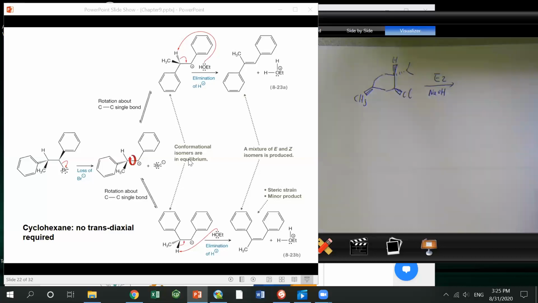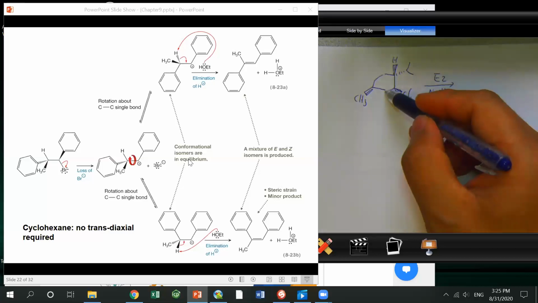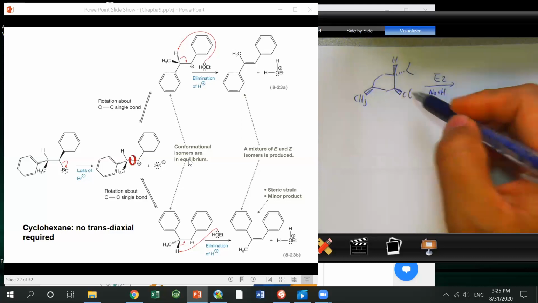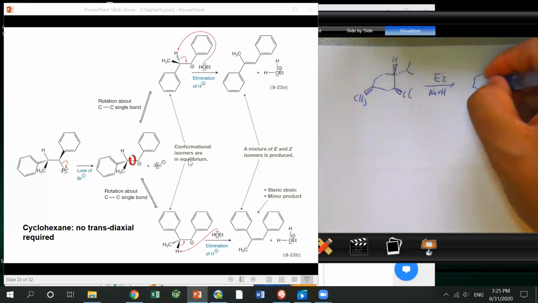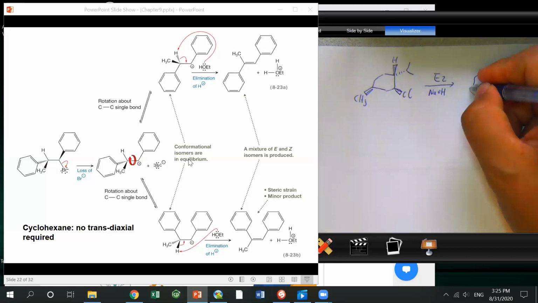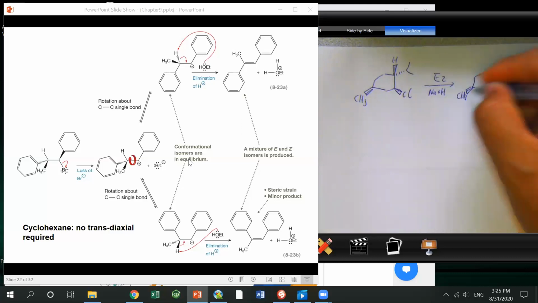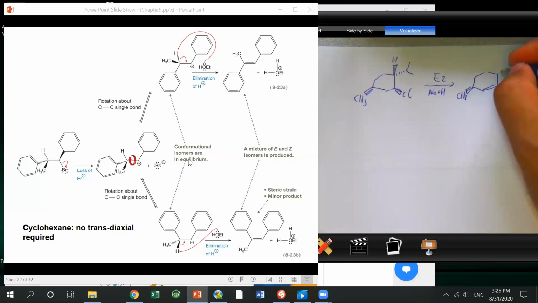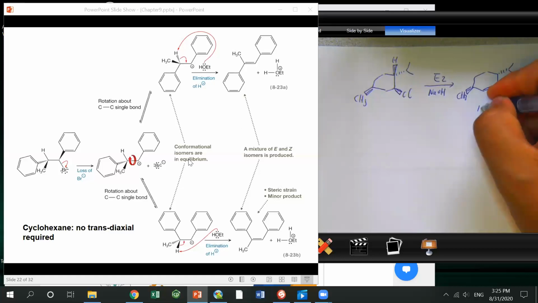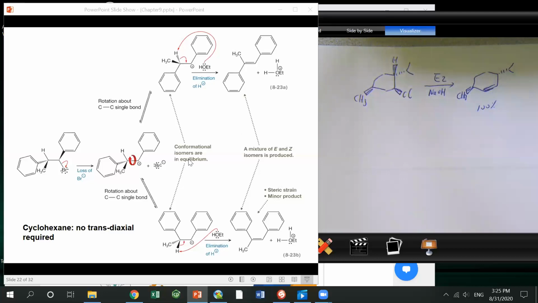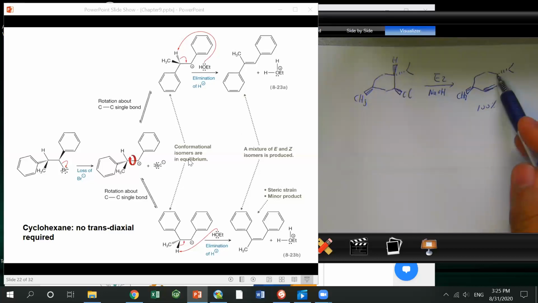The only possibility is elimination between the beta hydrogen here and the chloride. So in this case, if you do E2 elimination, you get 100% this product, because this hydrogen cannot leave.